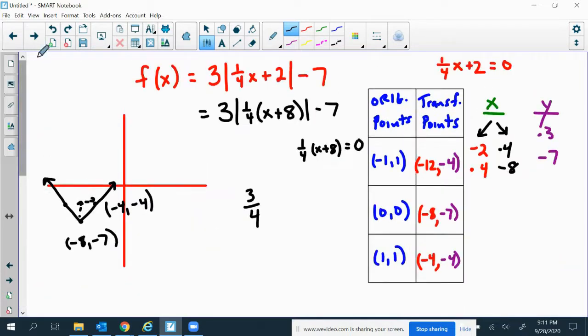In our original problem, what was happening was our y's were getting stretched and our x's were getting stretched. And so the way that these things end up happening is different based on where things are. So that's kind of important for us to understand. We're actually looking at how the points are being transformed, not just what the end of the graph looks like.